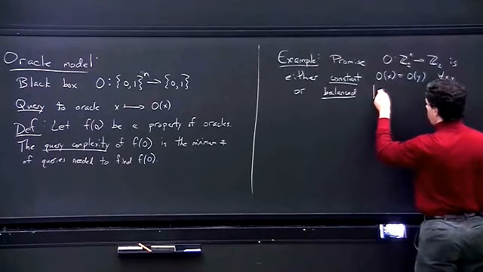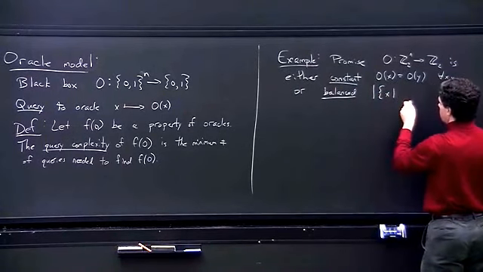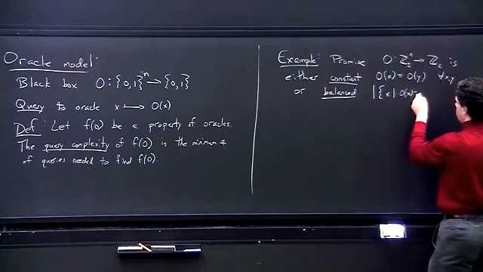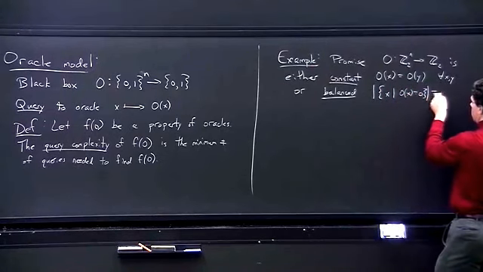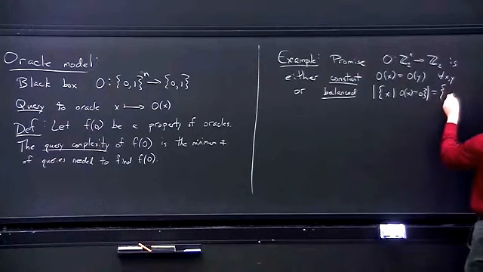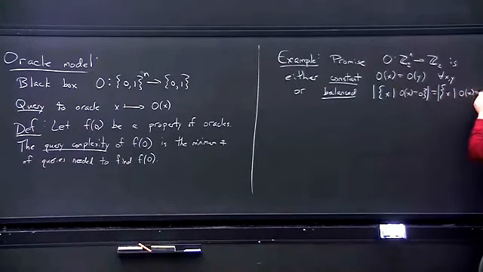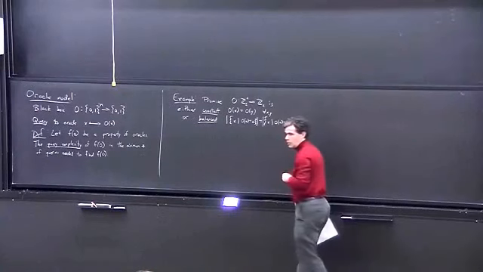So if we look at the set of x such that O of x equals 0, that's the same size as the set of x such that O of x equals 1.